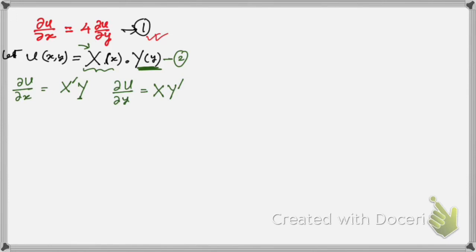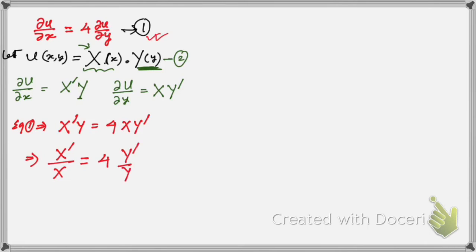So using those, this equation number 1 becomes this, right? You will get this. Now you see, if you separate the variables, then you will get X dash by capital X, and 4 Y dash by Y, and let it be equal to, suppose, k.